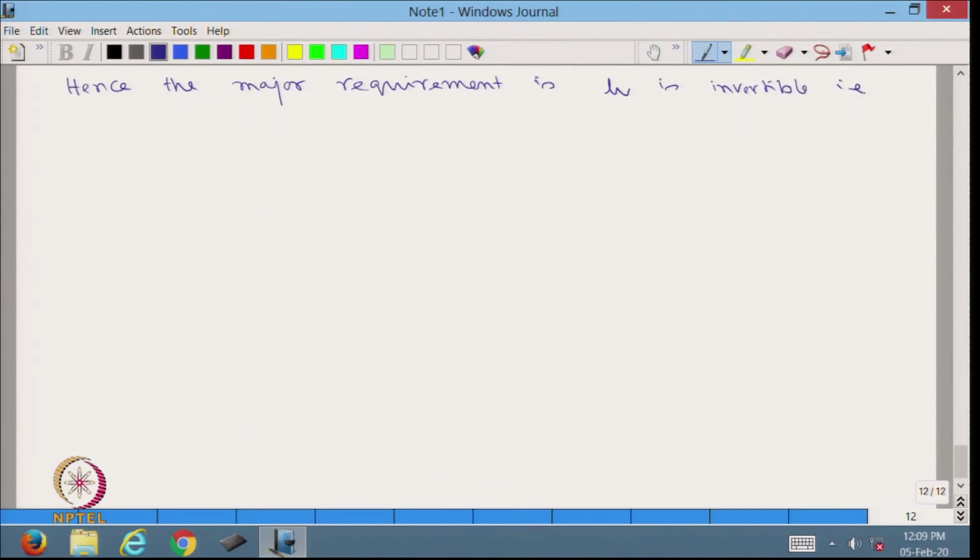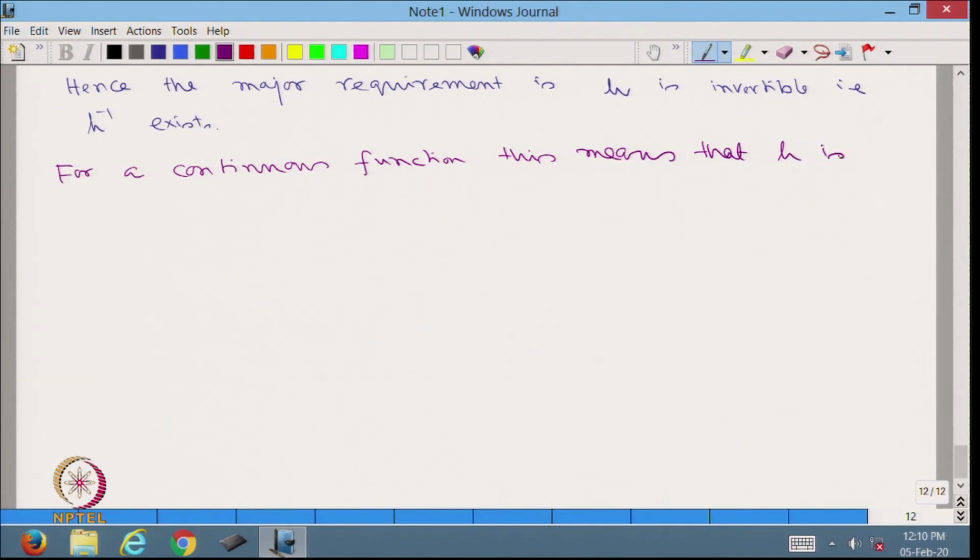That is, H inverse exists. For a continuous function, this means that H is strictly monotonic.